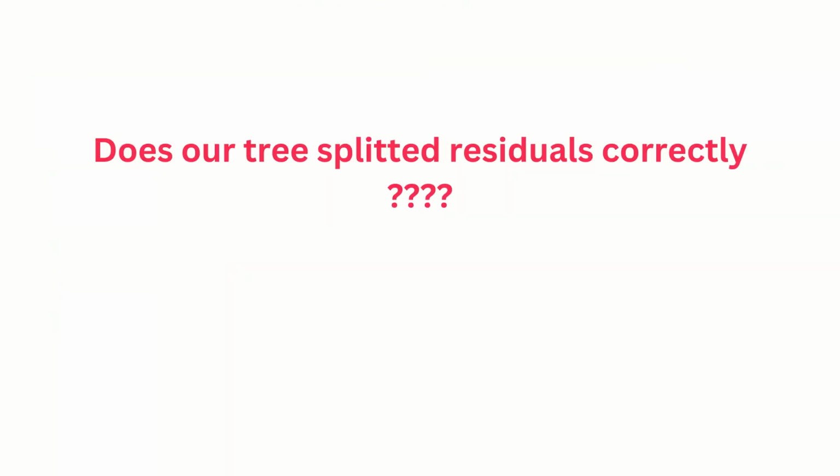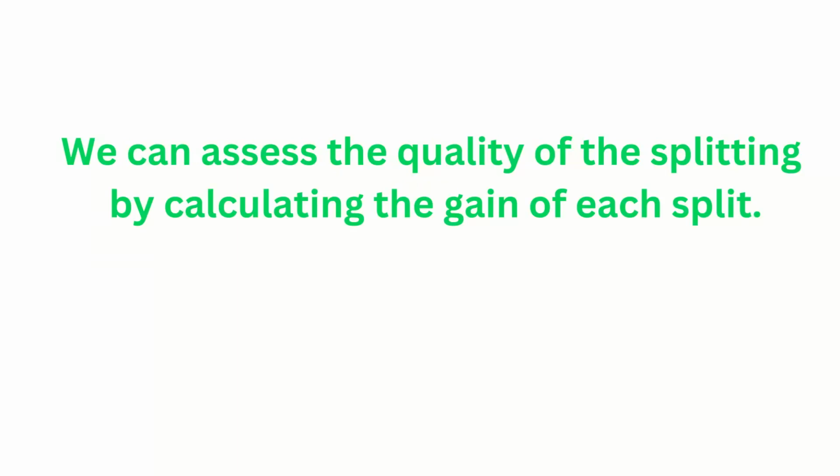Did our tree split the residuals correctly? Now let's dive into how our tree is clustering similar residuals. We can evaluate the effectiveness of the splitting by calculating the gain of each split.